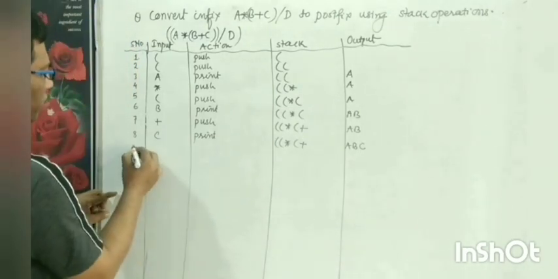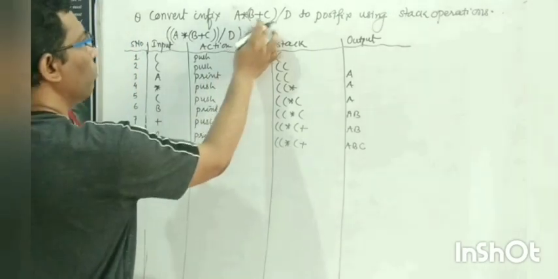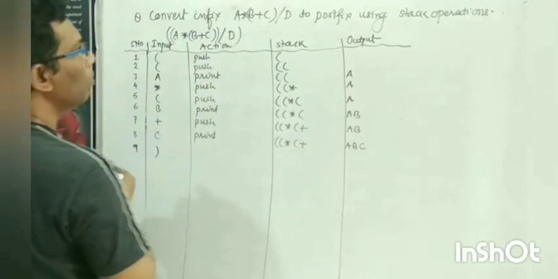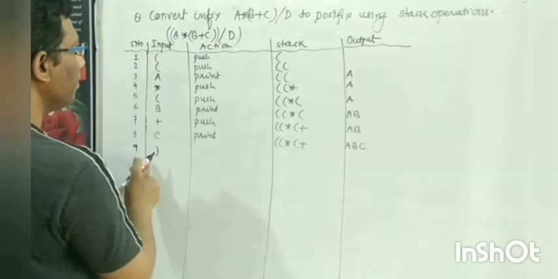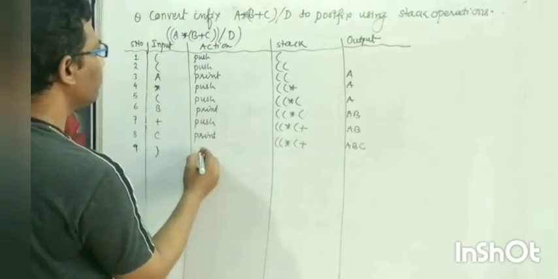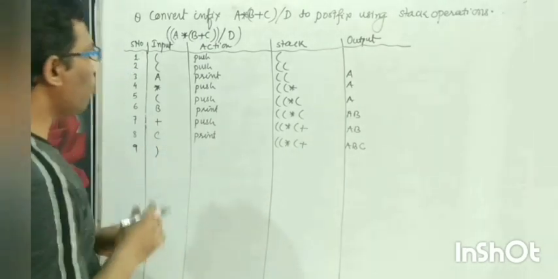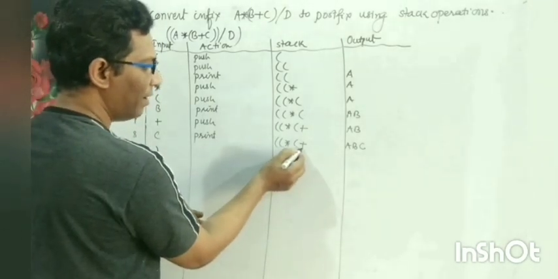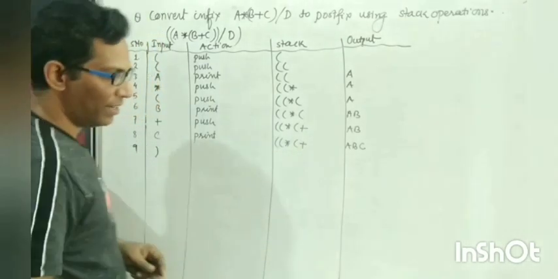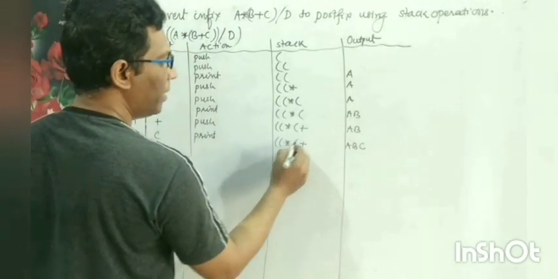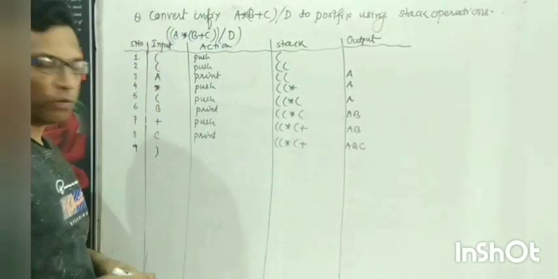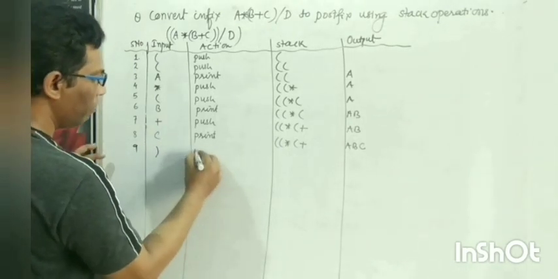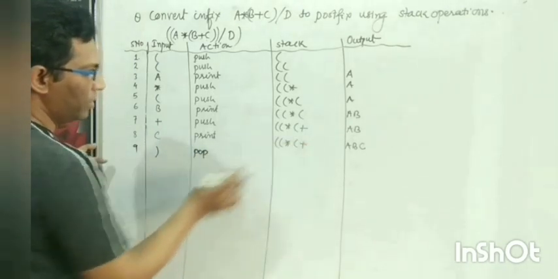In the ninth step, we have a closing bracket. So we have to pop the operator which is at the top of the stack, that is plus, and we will place this plus to the output. So when we encounter a closing bracket, then we have to pop the last operator which is in the stack.